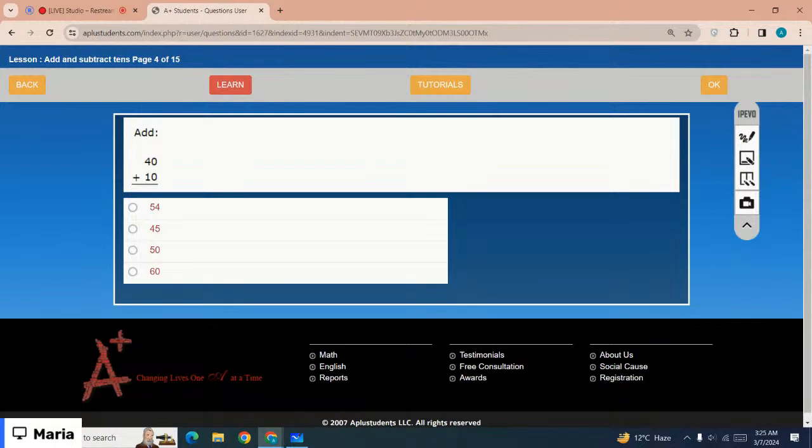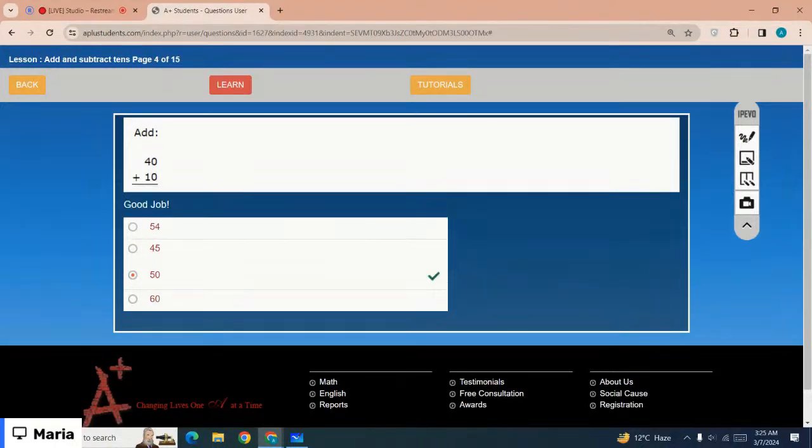Add 40 plus 10. So 40 plus 10 equals, yes, the correct option is 50. Option number 3 is the correct option.